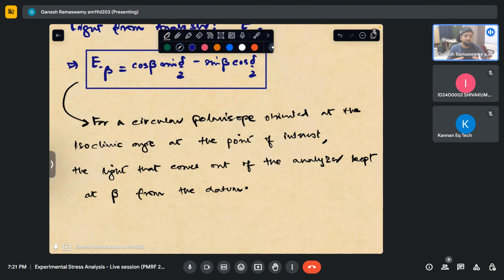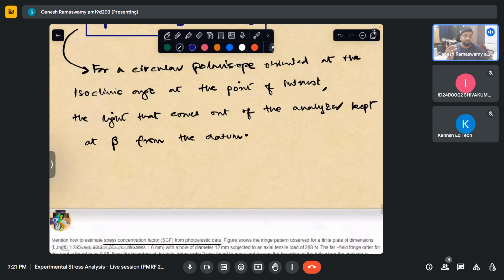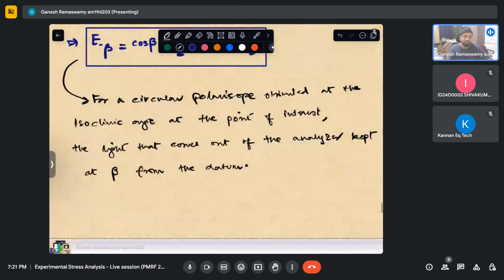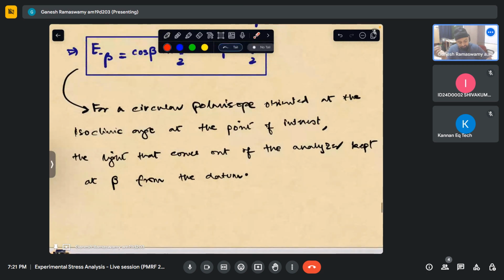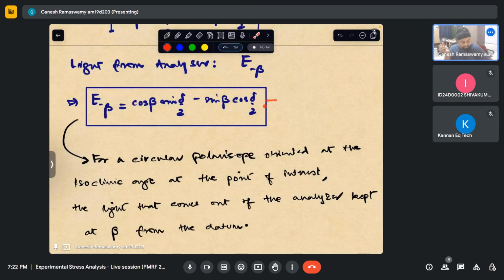So this is what compensation is. What I try to do is rotate the analyzer. In other words, I try to change beta till a fringe passes through that point. What does a fringe passing mean? It means that the intensity becomes zero. So essentially what I do is, I put this zero and by changing beta, I make this zero.